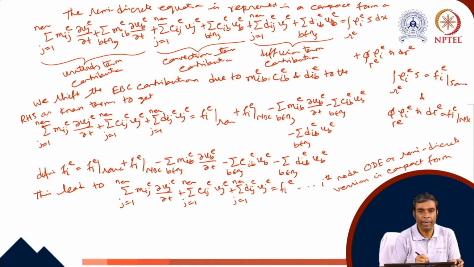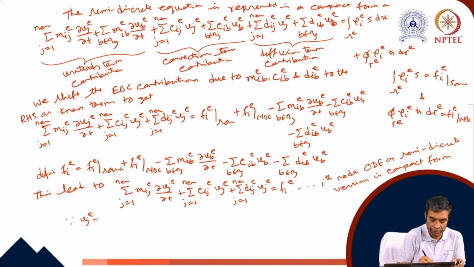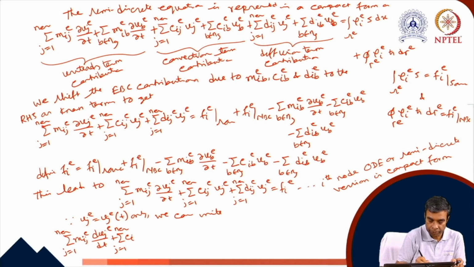So here we can write them in the matrix form, and then since uje is a function of time only, we can write summation over j equals to 1 to nen mij duj dt plus summation over j equals to 1 to nen cij uj plus summation over j equals to 1 to nen dij uj equals to fie.